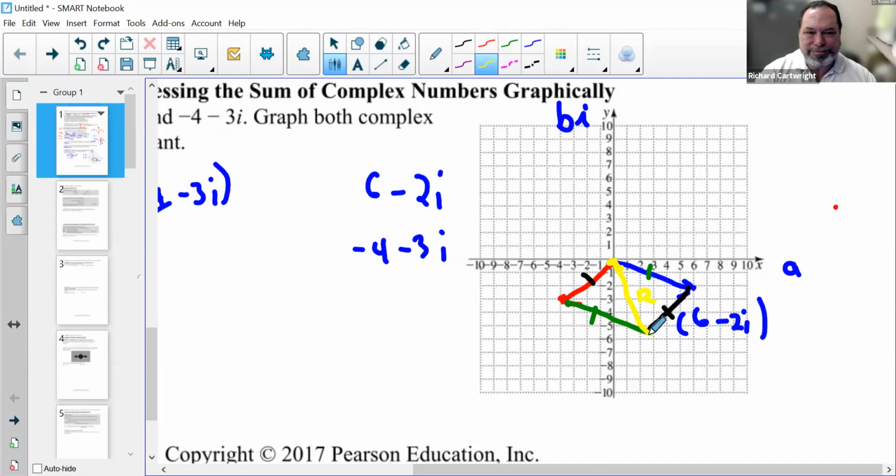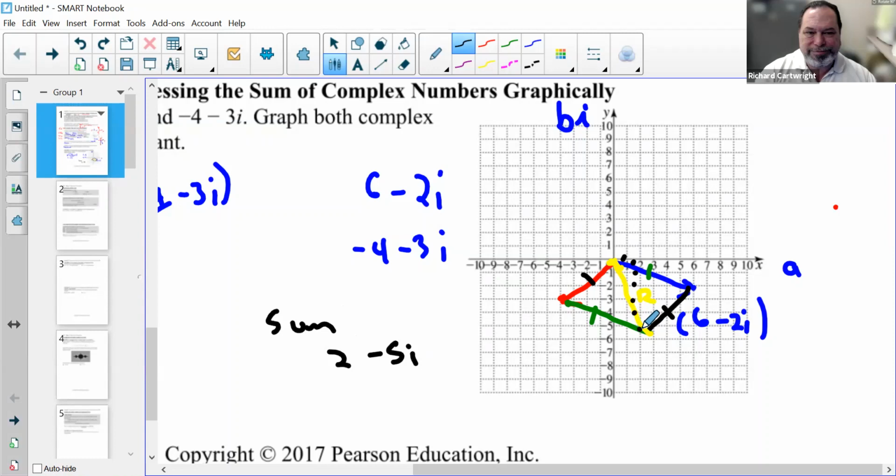Now, theoretically, if I was a perfect artist, that vector in yellow should be, since the sum was 6 minus 4 is 2 minus 5i, then theoretically I should be able to go 2 to the right, down 5. 1, 2, 3, 4, 5.